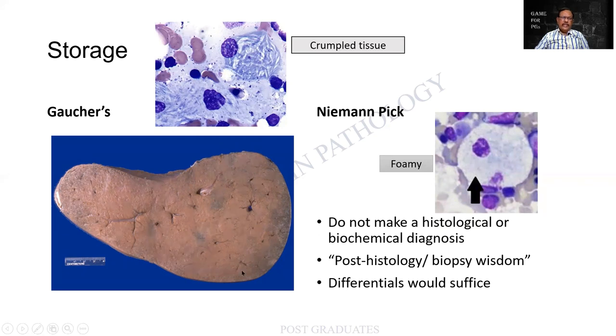At the most I can say it has a differential diagnosis. And as I told you earlier, this is what we find in the museum. Many of the specimens are labeled, but that label is a post-biopsy wisdom, as my professor Dr. Narasimhan used to say in JIPMER. Differentials would suffice at this point.